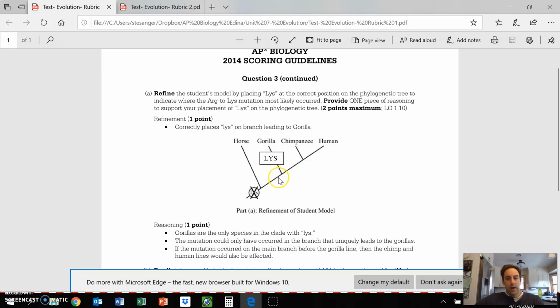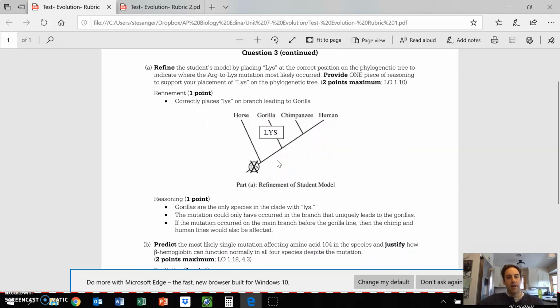And so that change must have happened after this common ancestor. A few people said it happened down here, but if it happened down here, chimpanzees and humans would also have that changed amino acid. Since only gorillas have it, it had to have happened right there.